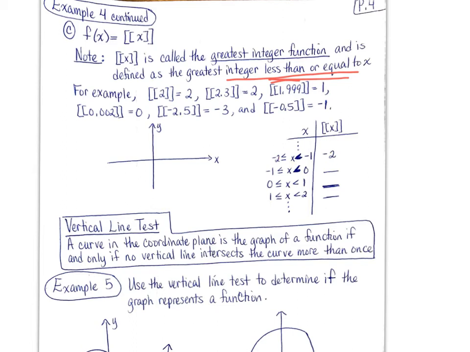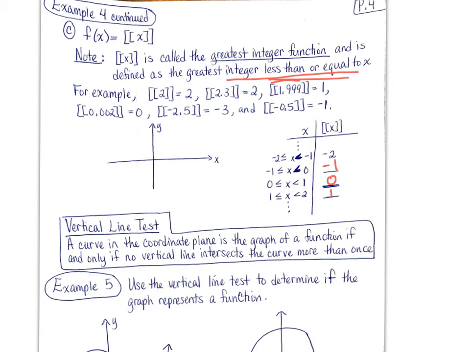For x greater than or equal to negative 1, but less than 0, it would be negative 1. For x greater than or equal to 0, but less than 1, you get 0. And here you get 1, and so on.